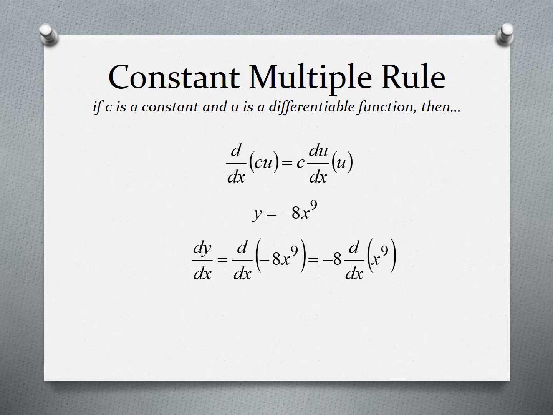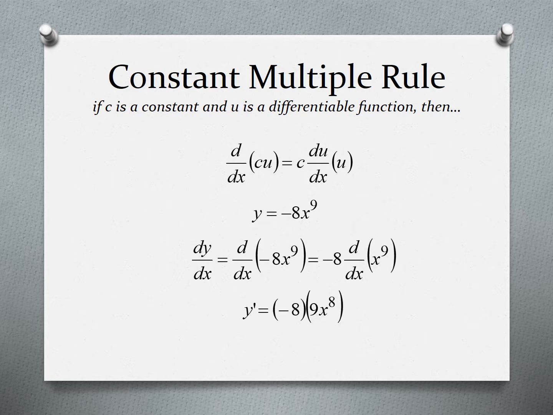In terms of manipulating, we're differentiating the entire function, but we're dealing with that x to the ninth, and that's what the constant multiple rule says we can do. So whenever you see the setup, go ahead and pull that coefficient off to the side, and then we deal with the variable portion of it.